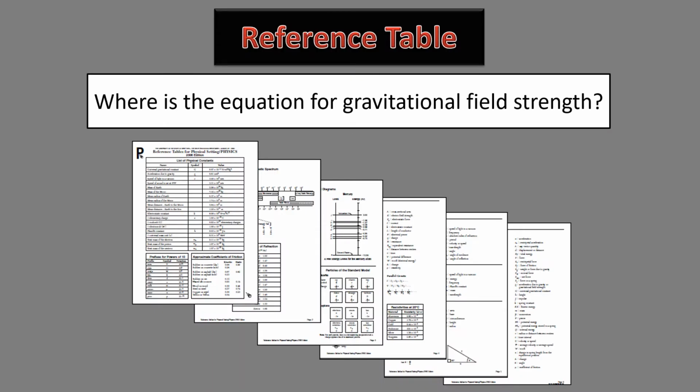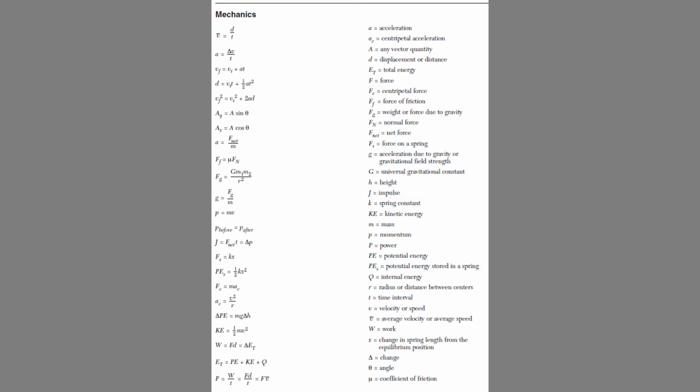So where is the equation for gravitational field strength? On the back page in the mechanics section. So this was Newton's second law. We're kind of skipping a little. Next unit, we're going to deal with friction. In unit 6, this is Newton's law of universal gravitation. And then here it is.